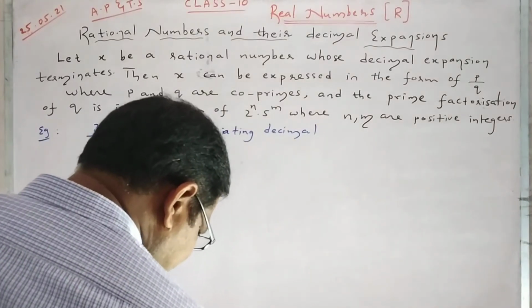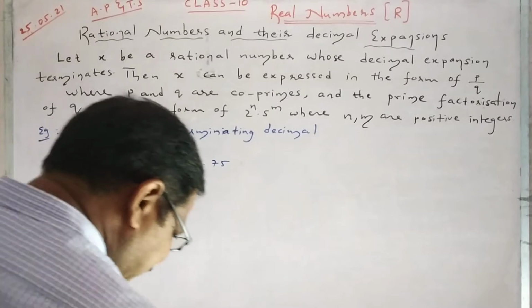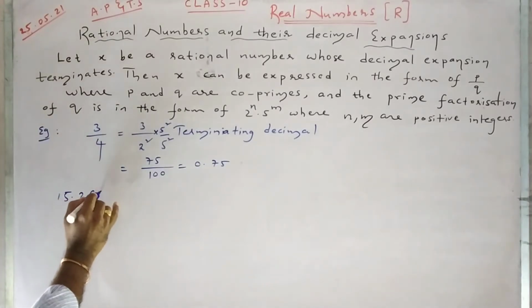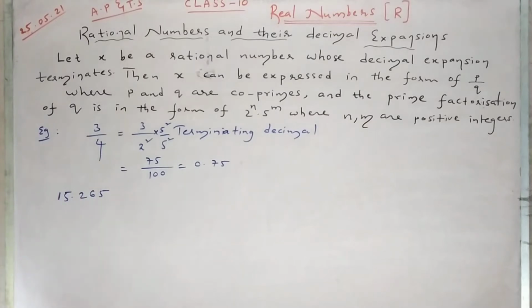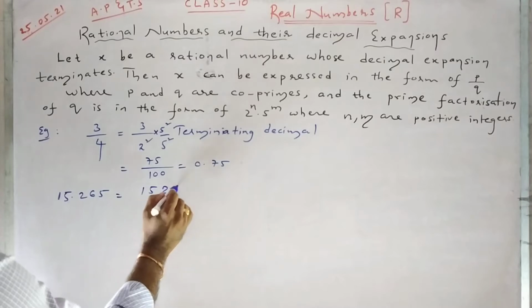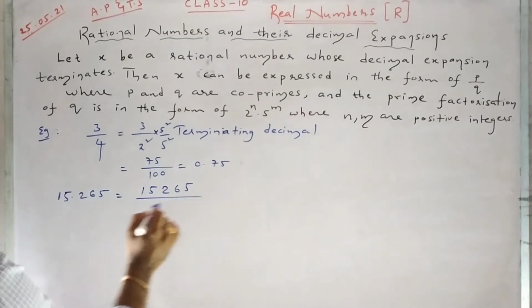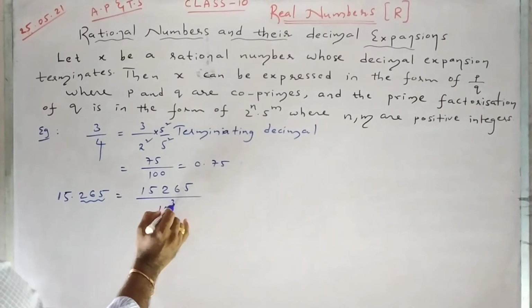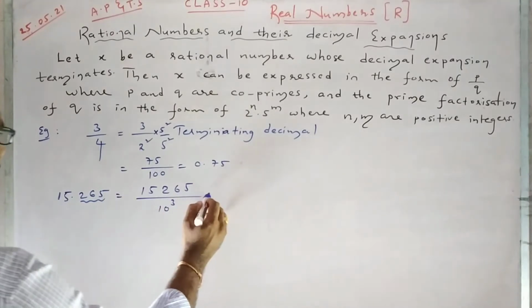Okay. For example, one terminating decimal is given here, 15.265. This can be written as, just remove the decimal, 15,265 by, here we have 3 digits, right? So I can write 10 cube. 1000 can be written as 10 cube.